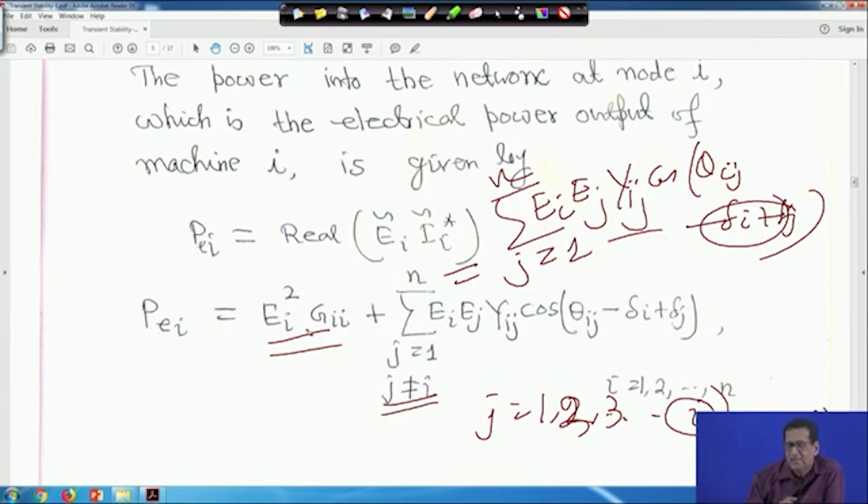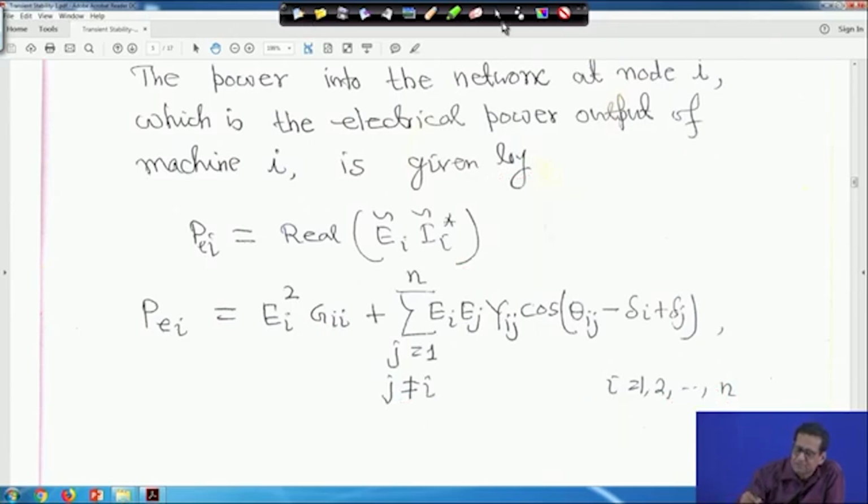So basically it is Ei square Gii, that is why it is written like this. So Pi is equal to Ei square Gii plus the sum over j equal to 1 to n, j not equal to i, of Ei Ej Yij cosine of theta ij minus delta i plus delta j, for i equal to 1 to n.